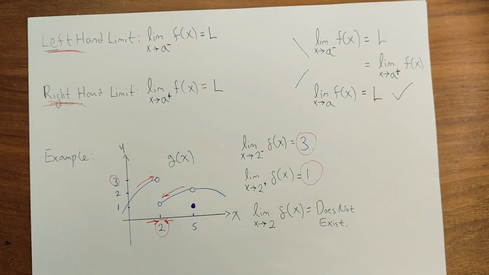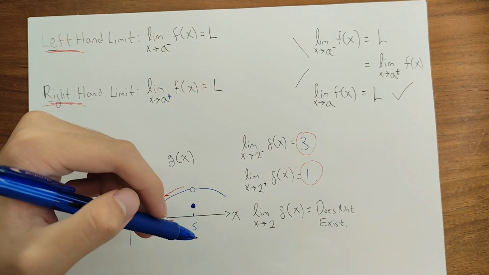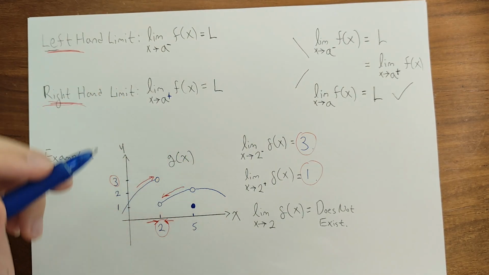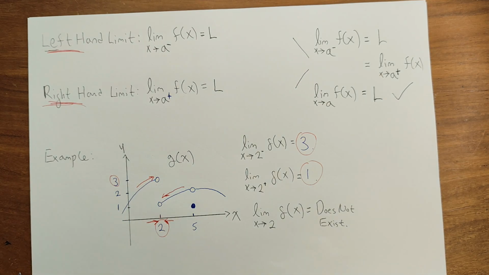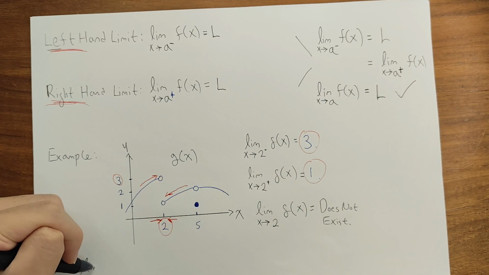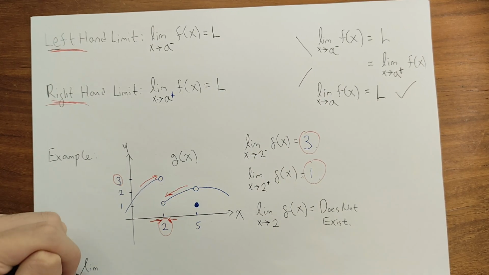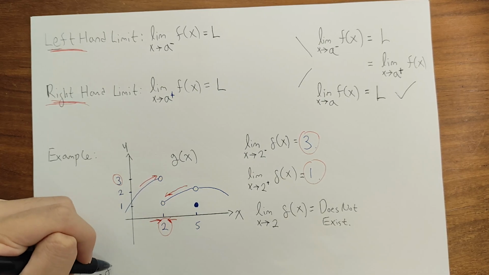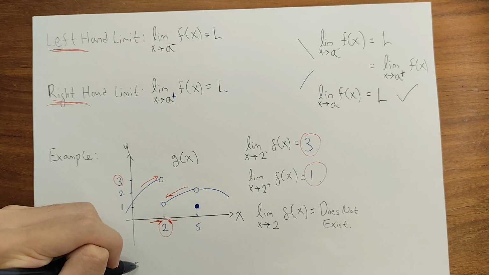Okay, so the next part is as x approaches 5. So let's try approaching 5 from the left-hand side. Okay, 5 from the left-hand side. The limit as x approaches 5 minus of g(x) equals what?